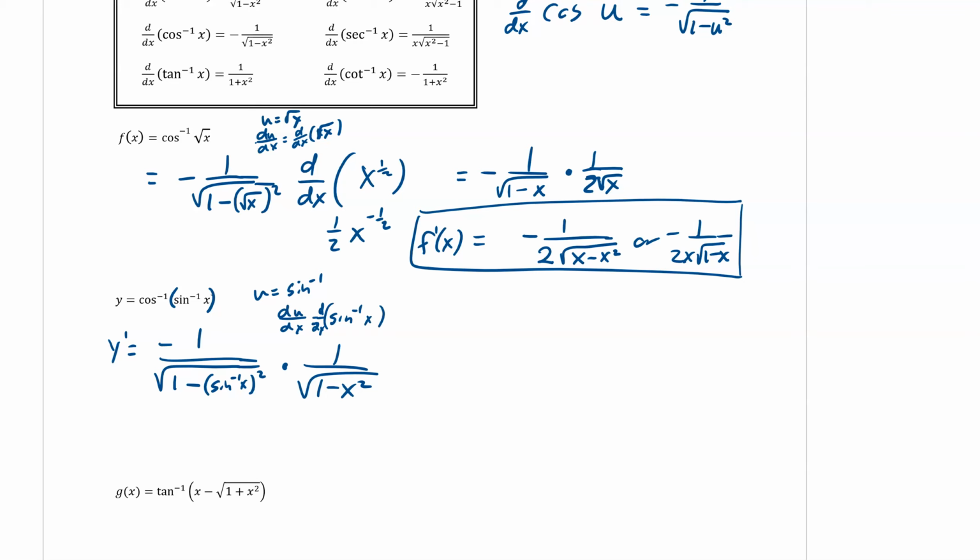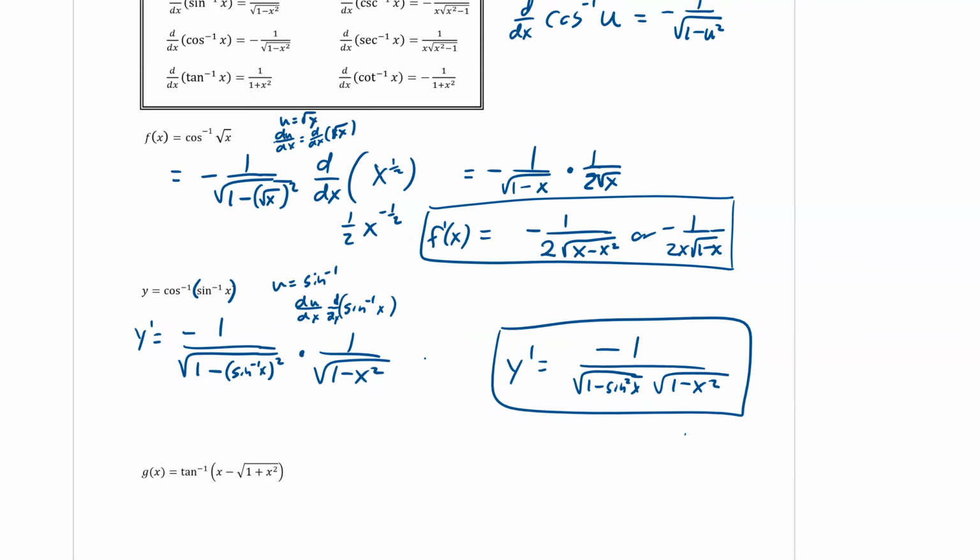There's our answer. So you can put it together and we end up with negative 1 over the square root of 1 minus inverse sine squared x, times the square root of 1 minus x squared. I'm going to put the square root separate. It's your choice. So let's erase this and move it and make it look a little bit nicer. Move this over, get rid of this and put y prime equals there.